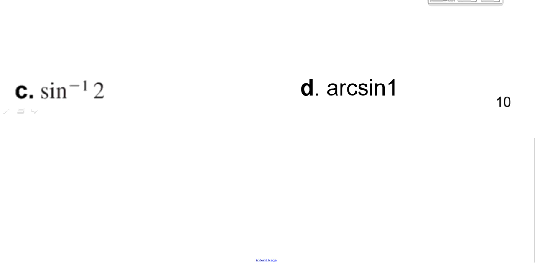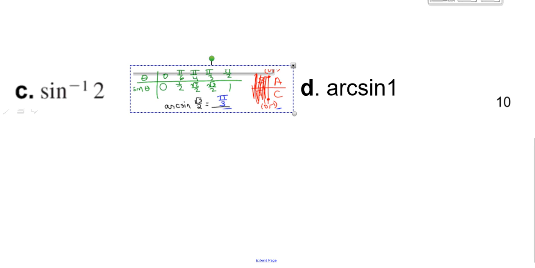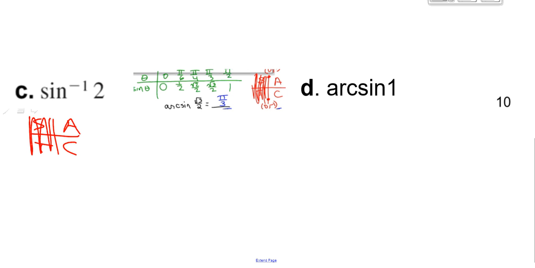Let's see. Yeah, awesome. So then I'll look at the arc sine of 2, excuse me, the inverse sine of 2. My bad. The inverse sine of 2. So what is the angle that's going to be matched with that?